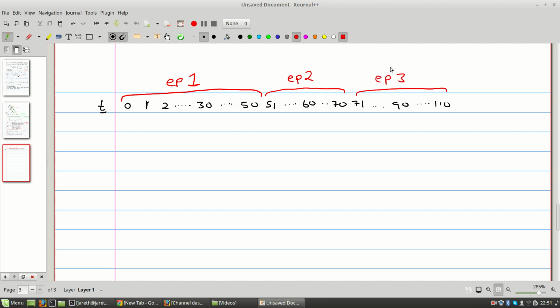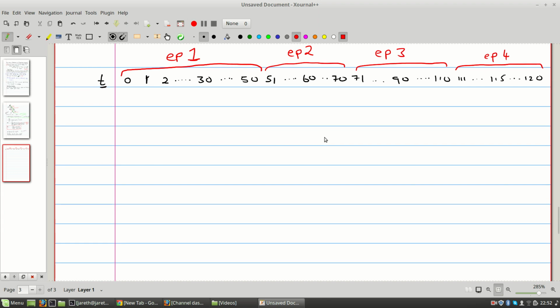And let's say episode number 4, the last one, starts at 111, goes up to 115, and ends at 120 or something like this, right? You'll understand why I'm using this representation, as per Sutton's book, of course, but there is a motivation for this.